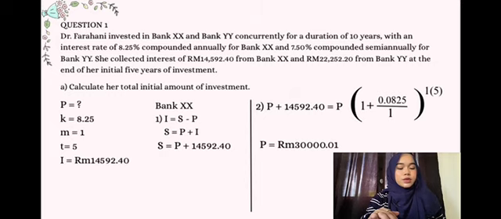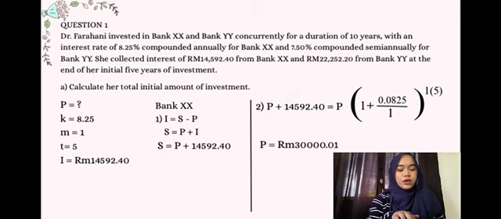The investment period T is 5 years. The total interest earned is 14,592 ringgit and 40 cents. We are asked to find the initial investment amount, which is represented by P.